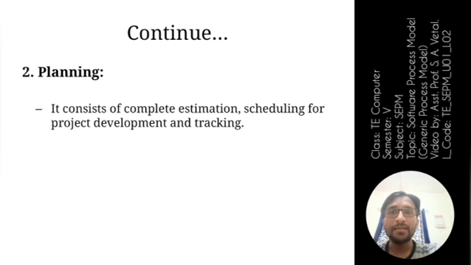Means in the planning phase, we have to perform the estimation of our project, then scheduling of our project development, and also the tracking, whether we are going on the right path or not, which can be tracked with the help of tracking. So the second activity is planning.